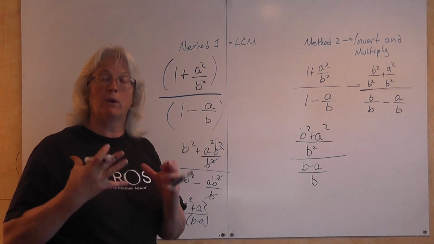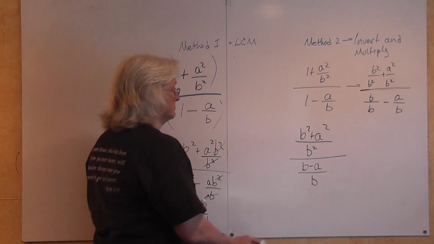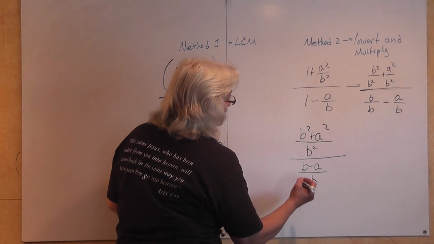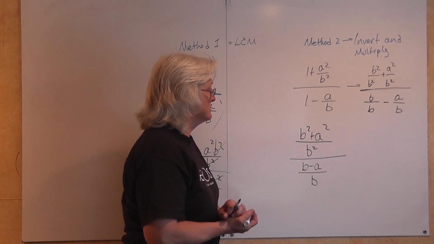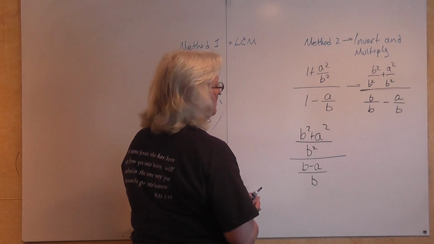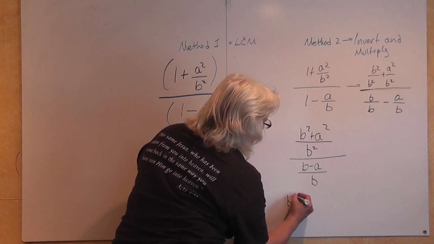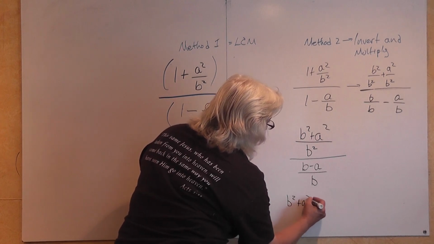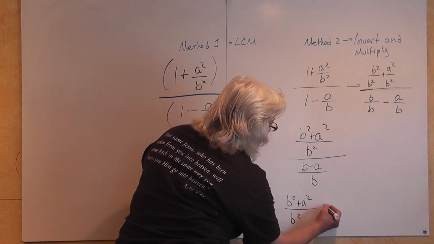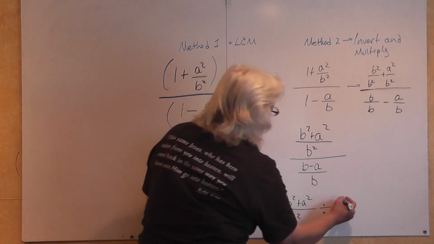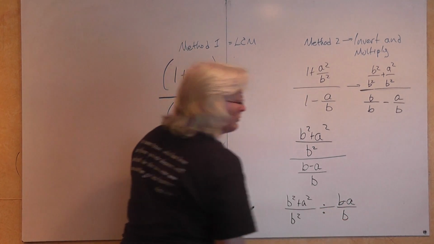Now we're at the place where we can rewrite this division problem. And I am so totally and completely out of board space, it's not even crazy. It is crazy, it's not even funny. We have b squared plus a squared over b squared divided by b minus a over b.